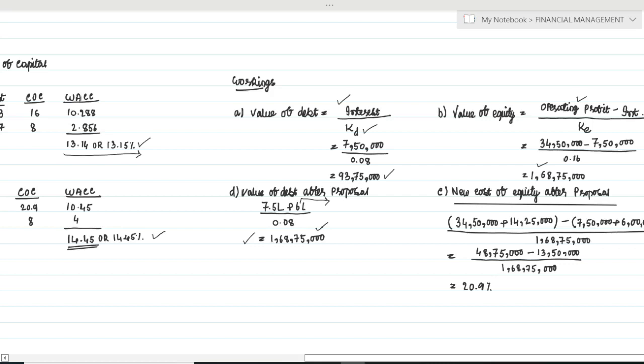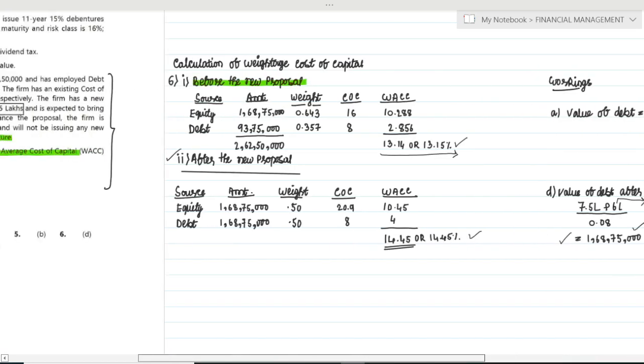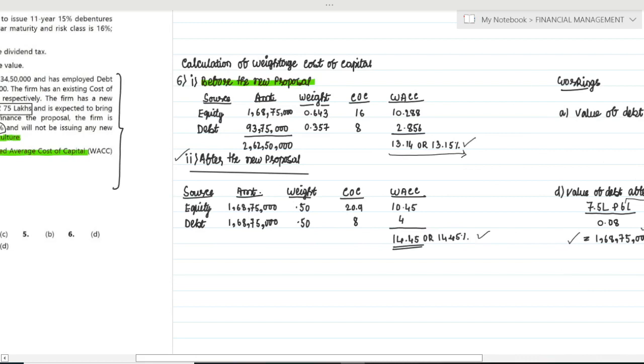First you need to write operating profit and then you need to minus interest. You will get the cost of equity after new proposal will be 20.9%. So after putting the cost of capital, you will get the weighted cost of capital is 14.45%.